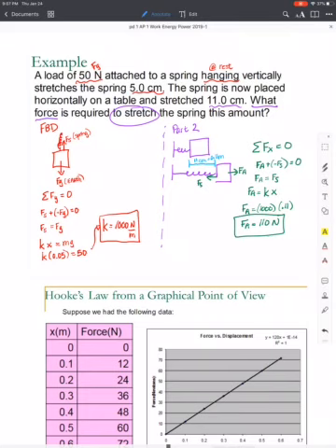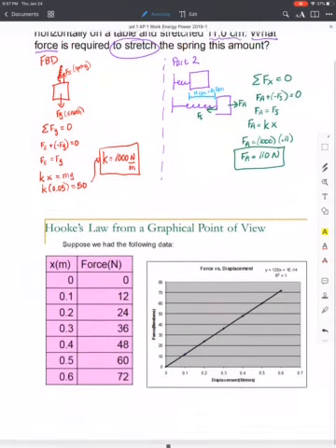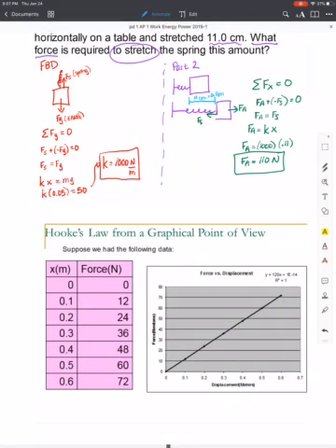Now, we're not only going to be asked to do math, but remember, we always look at graphs. If we graph force versus displacement, with force in newtons and displacement in meters, before we used the area of this graph to determine the work done.